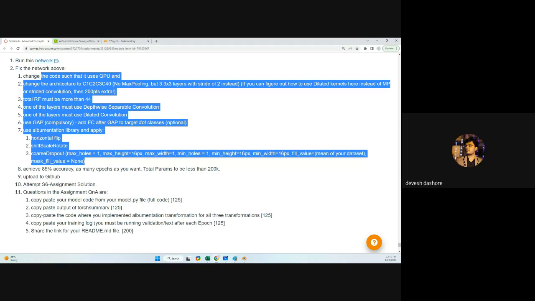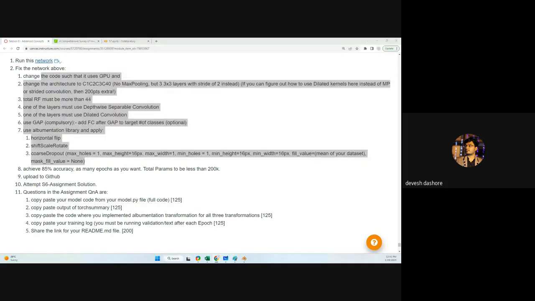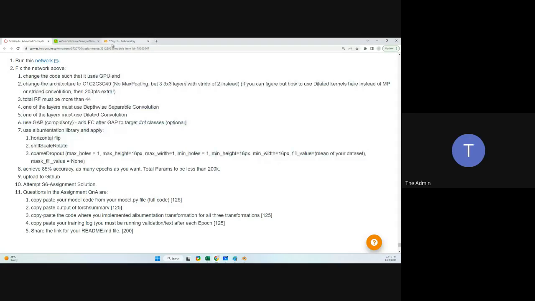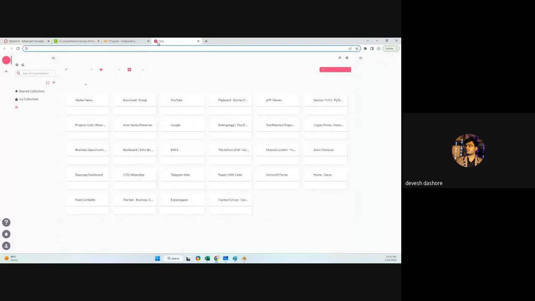One question, Rohan. In the albumentations library, do we have to implement it from scratch, or will it be a part of PyTorch? Part of PyTorch. You just import it, right?